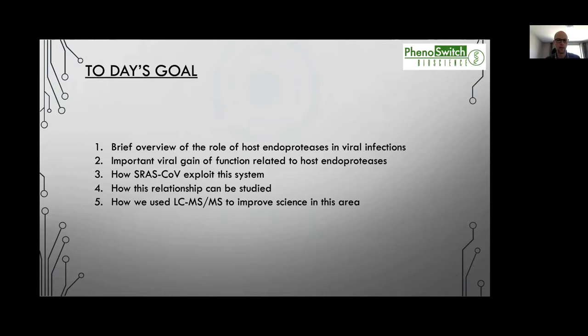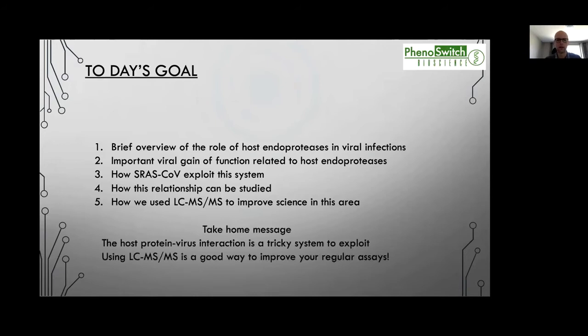I will give you a brief overview of important viral gain of function related to host endoproteases, how SARS coronavirus exploits the system, and how we can actually study this relationship, and how we actually use LC-MS mass spectrometry to improve science in that area.